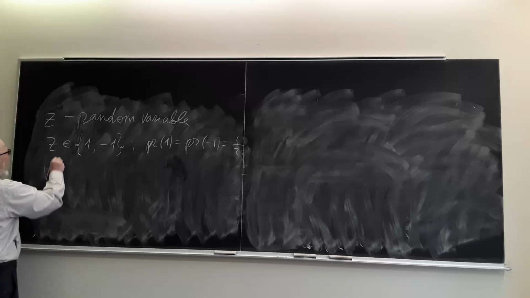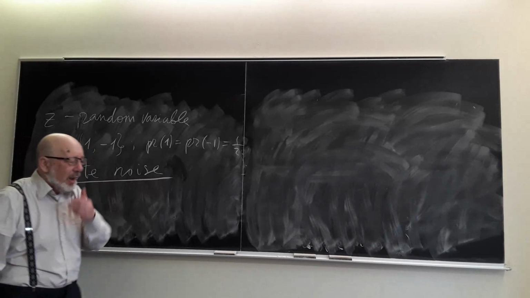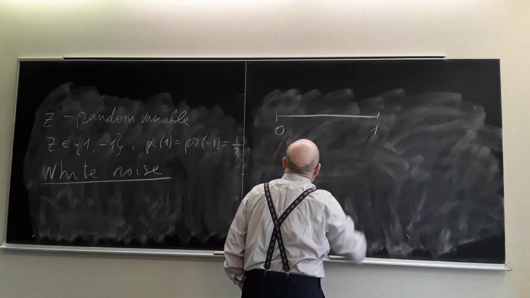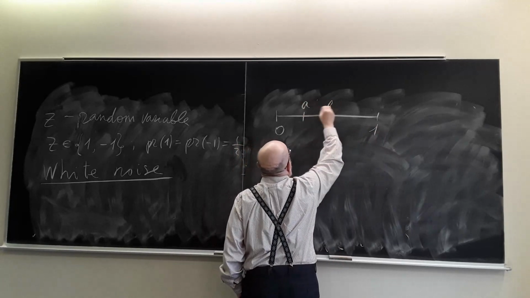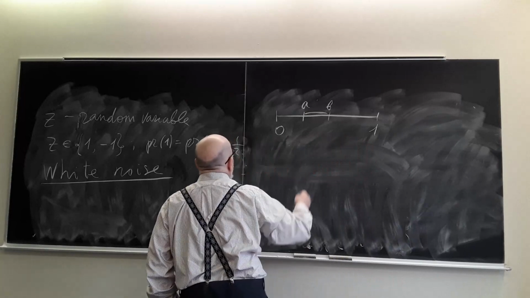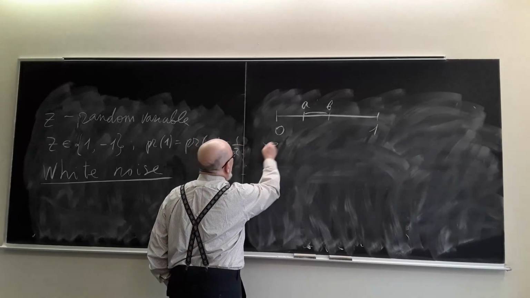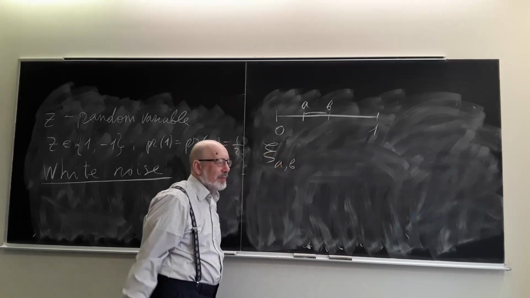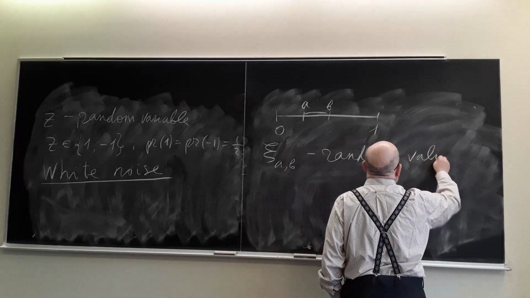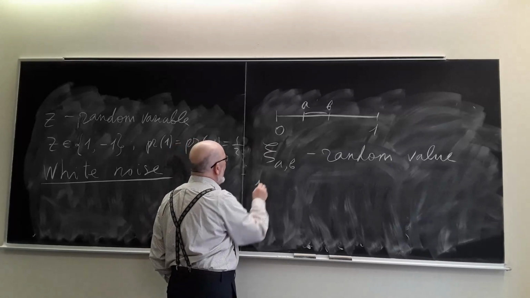So what is this? We have the segment 0, 1, and for any segment AB, we should have a random value psi depending on A and B, such that it should satisfy the following properties.